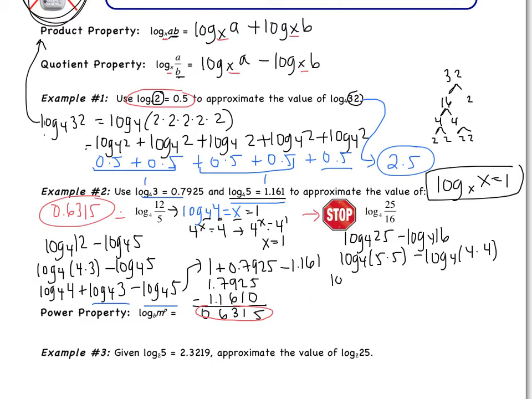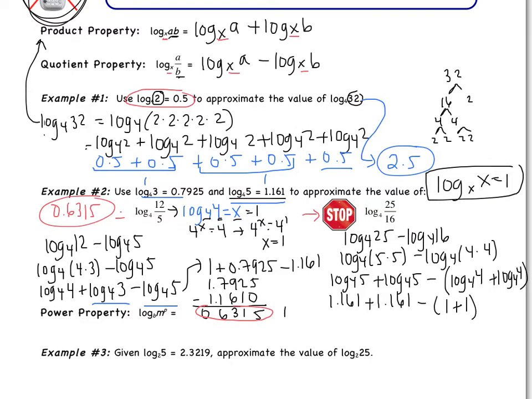So this becomes log base 4 of 5, add log base 4 of 5, subtract log base 4 of 4, add log base 4 of 4. Now log base 4 of 5 is 1.161, add 1.161, subtract log base 4 of 4 is 1, log base 4 of 4 is 1.